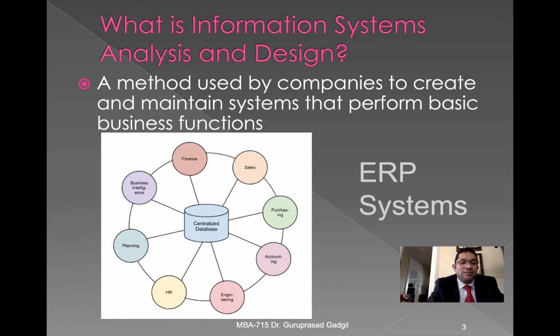An ERP system not only centralizes an organization's data, but also the processes, because it will enforce those processes on the organization and the organization has to adapt to those processes. Hence, if an organization implements ERP systems, we say that the organization has adopted best practices in the industry.